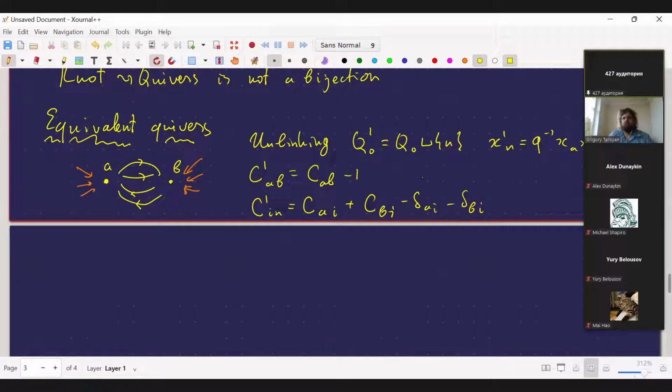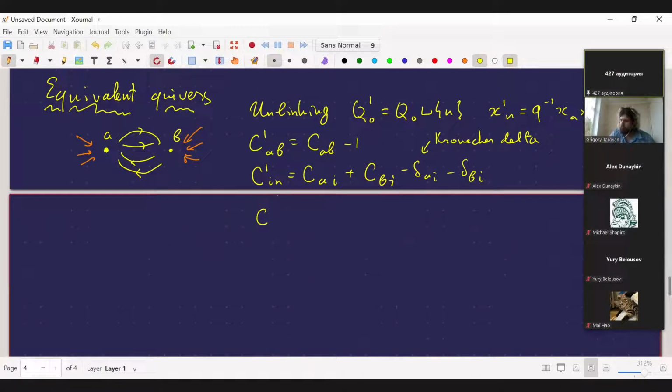So this is the Kronecker delta. So C prime of n n is equal to C_aa plus C_bb plus 2 C_ab plus C_ab minus 1. And for all other values, nothing changes.